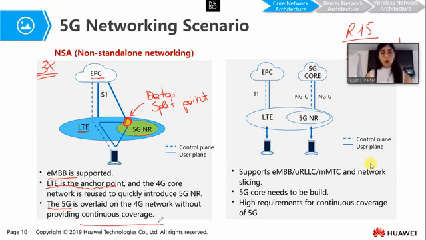We can see from the picture, and we will discuss it better later, that with 5G we are using higher frequencies, and you know that higher frequencies mean lower coverage. So in a non-standalone scenario, the coverage of 5G is lower than the coverage of LTE, so it is not able to provide continuous coverage.